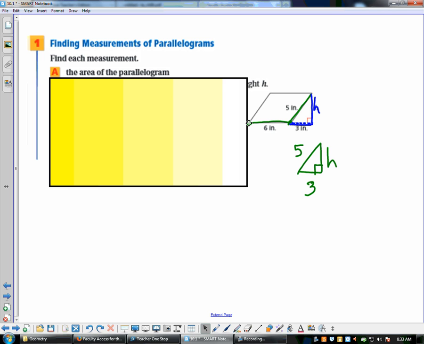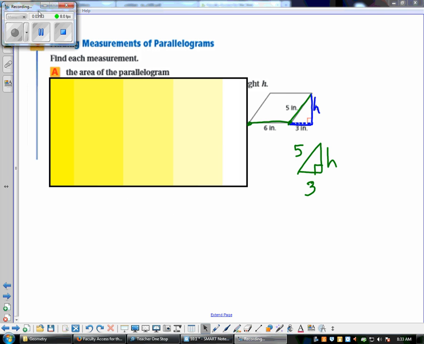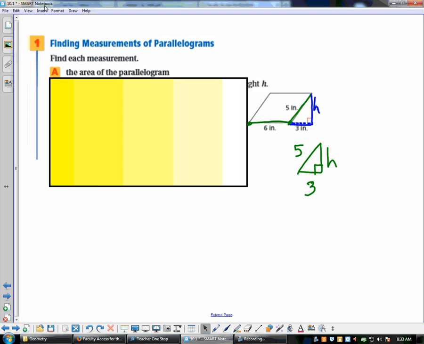How do we find h in this case? If you have a right triangle and you know 2 of the sides, you can use the theorem to find the third side. It's not necessarily a 30, 60, 90 triangle, Colin.